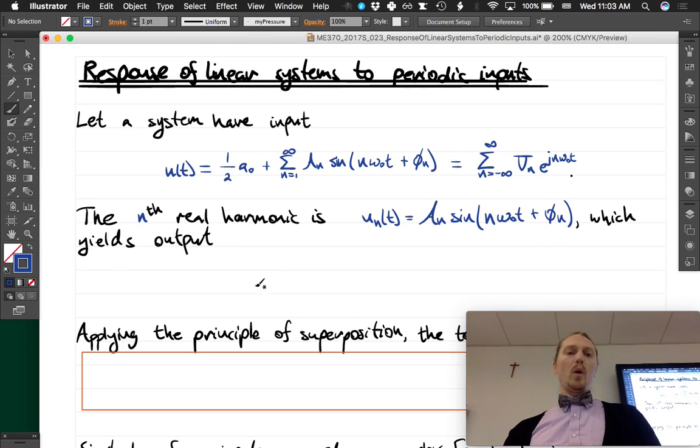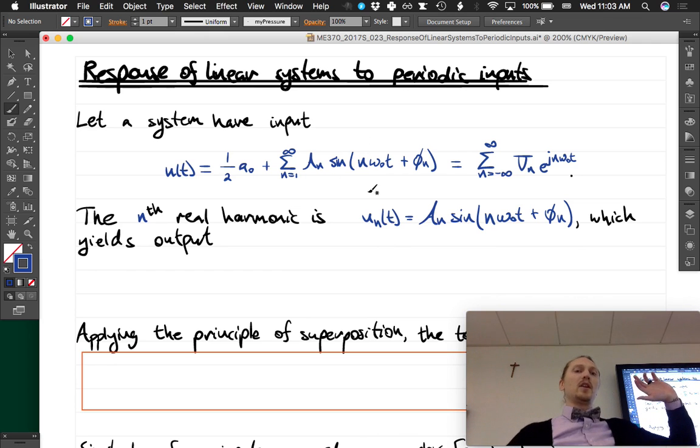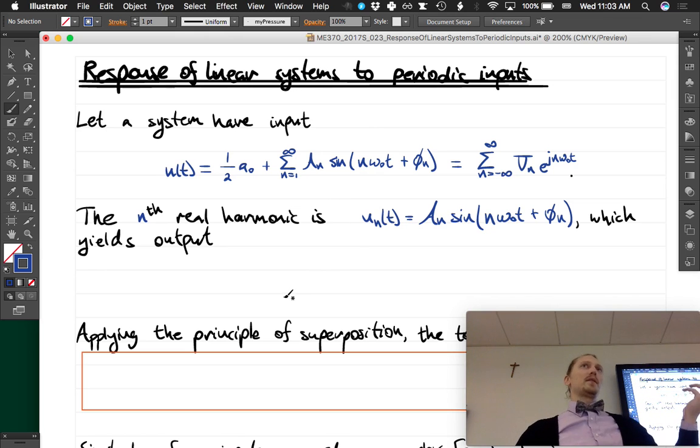So if we just took one of those terms, we looked at what happens to the system if we put in just that one, right? We have the sum of a bunch of them, but let's extract just one term from this input, and let's write what its response would be.